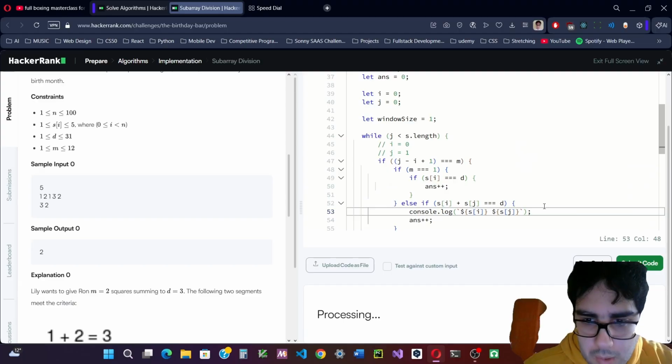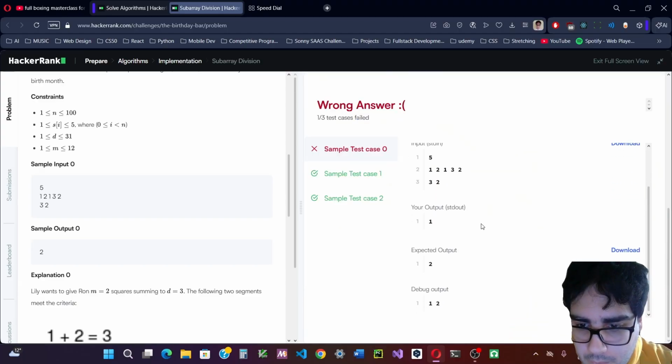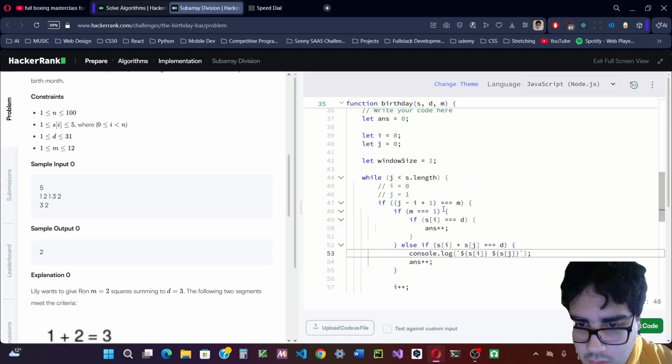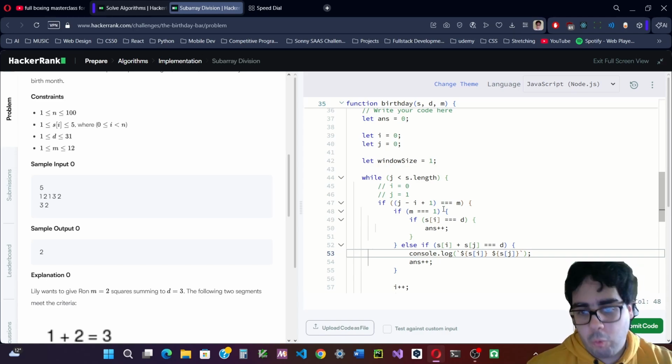Let's see what's happening. 1 and 2. Why doesn't it work for 0 and 1? Oh, wait. Should be 1 minus 0 plus 1.